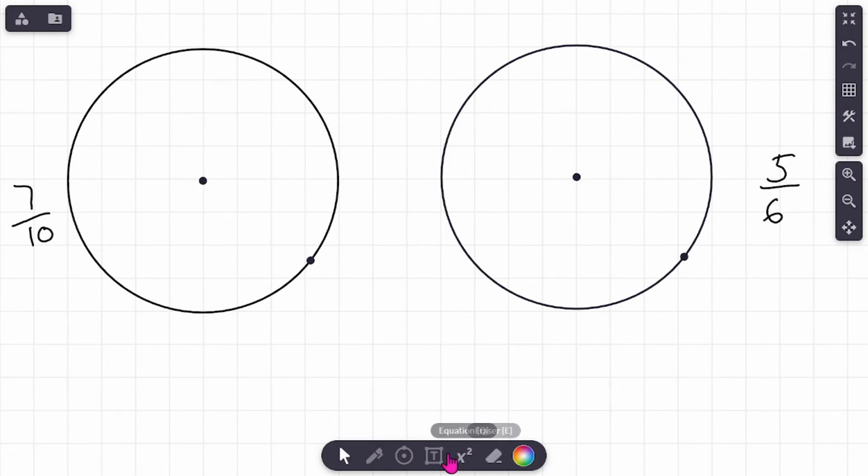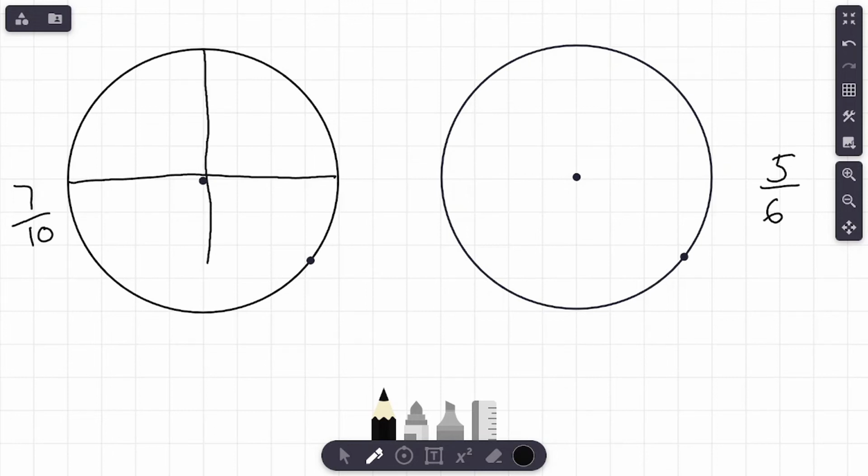Let's see if we can do 7/10 over here on the left. I've broken it into 2 pieces. Now I've broken it into 4 pieces. Now I've got 6 pieces. 8 pieces, I think. 1, 2, 3, 4, 5, 6, 7, 8.